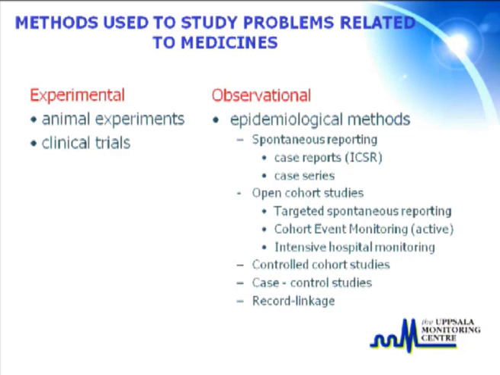We observe what's happening to patients as they are taking our treatments, the ones that we are prescribing. And there are various ways of doing that. And epidemiological methods, then you look at populations.